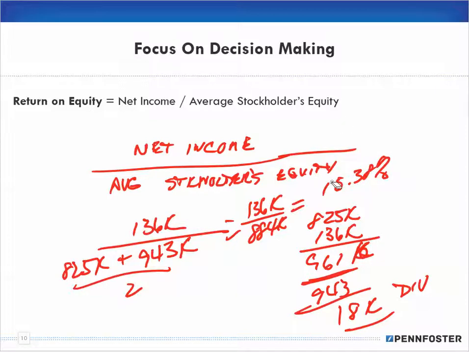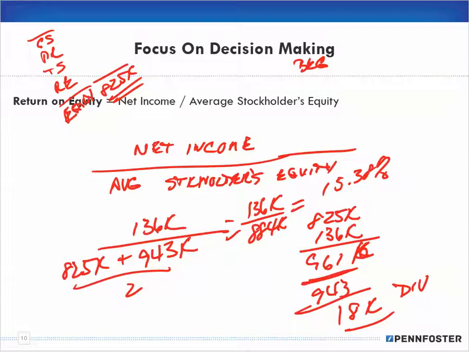But what I'm doing here is, if I understand the structure of my stockholders' equity, I have a beginning, which included things like my common stock, preferred stock, treasury stock, retained earnings. When I take all of those into consideration and add them all up, I had a beginning of 825,000 as my equity.